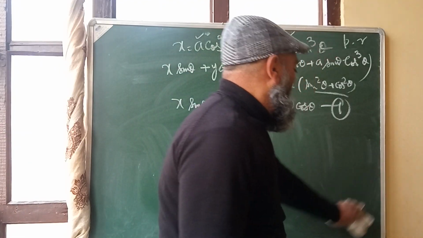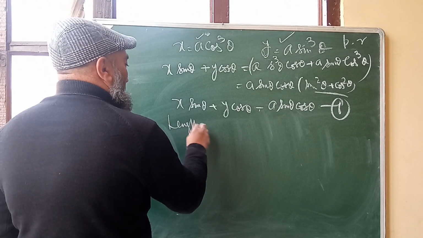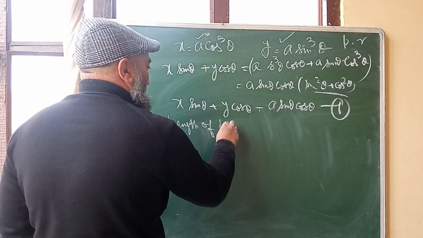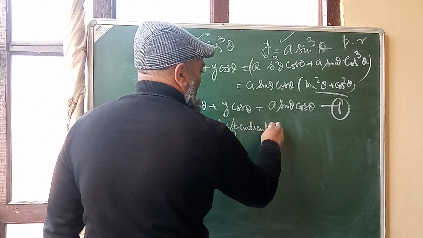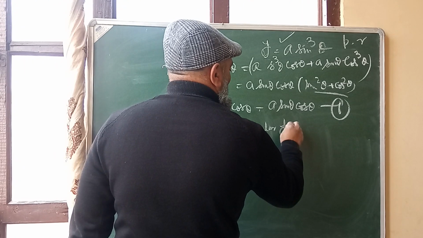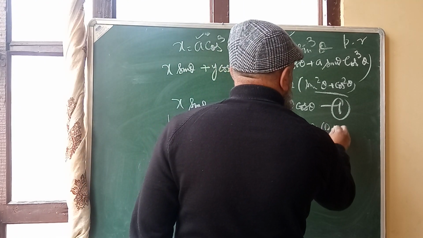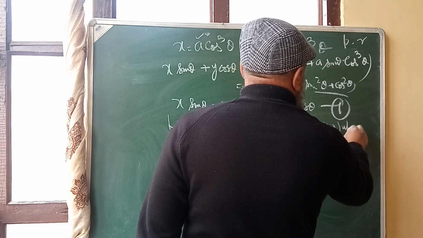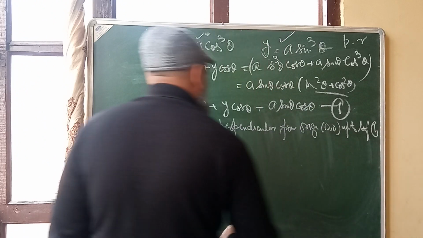Now what is P? Now P, length of perpendicular from origin up to tangent. Tangent 1 है ये.